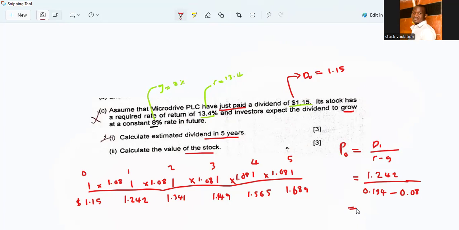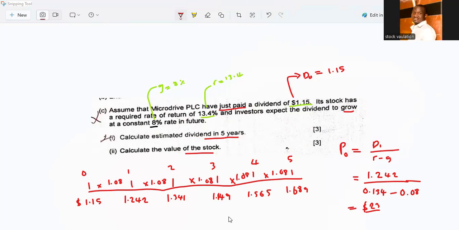What's the final answer? I'm getting 23.3. Okay. So that is how we calculate the value of the stock. You need to be systematic.